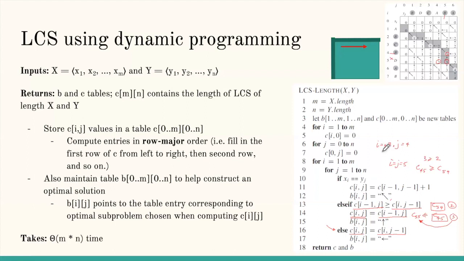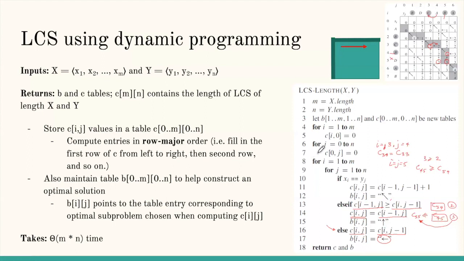In other words, here we want to set C34 equal to C33, and C33 here is 2, which now also becomes the longest common length. And we also want to set this arrow to this side, suggesting that we are now going to look at the next character in our sequence Y.